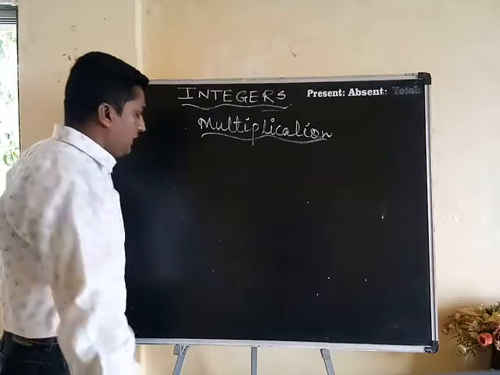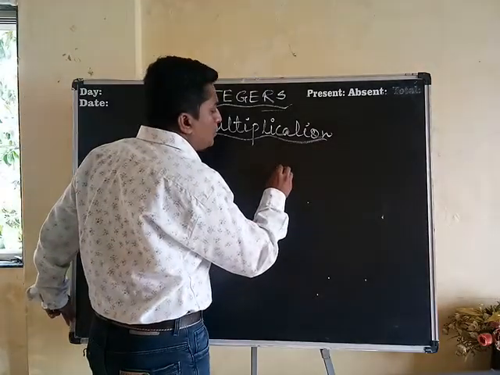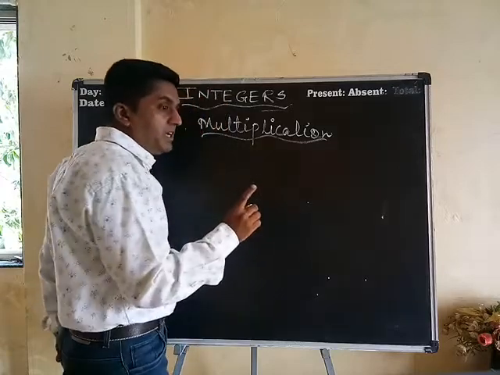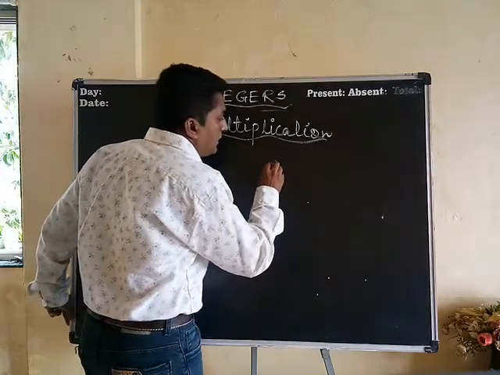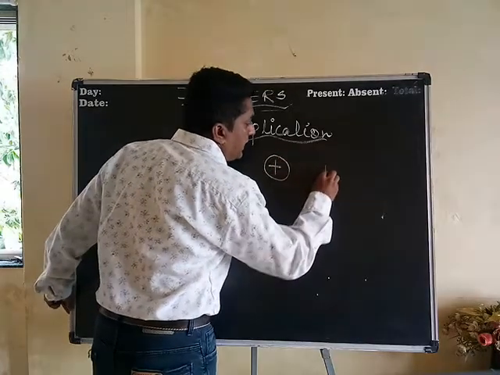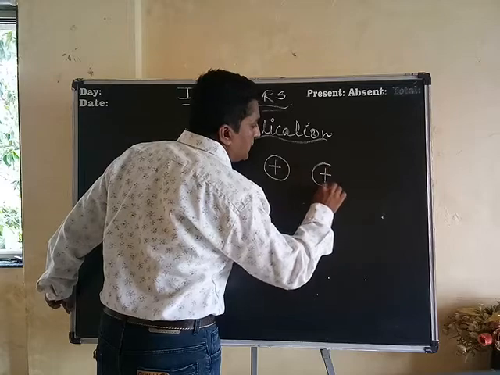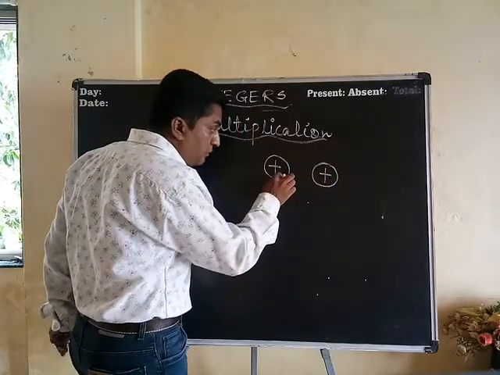I hope you all are ready. See, the first rule says that if two numbers which are to be multiplied have the same sign, I'll write here, this is your first number and this is your second number. Both the numbers have the same sign, but which same sign? Positive, positive.